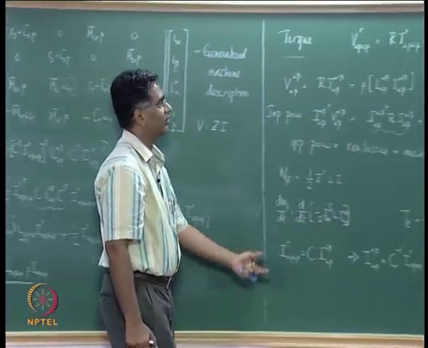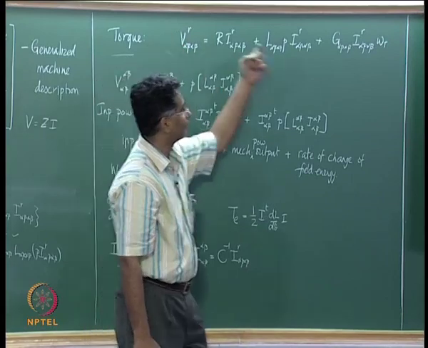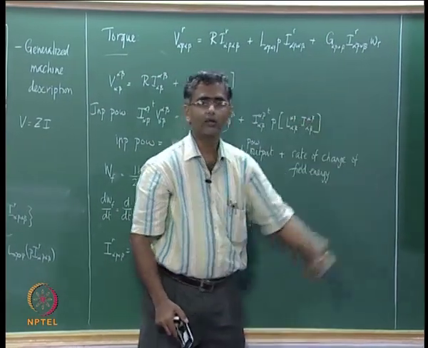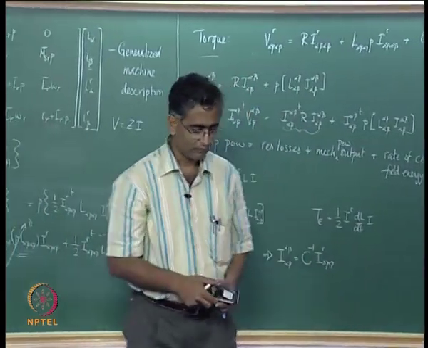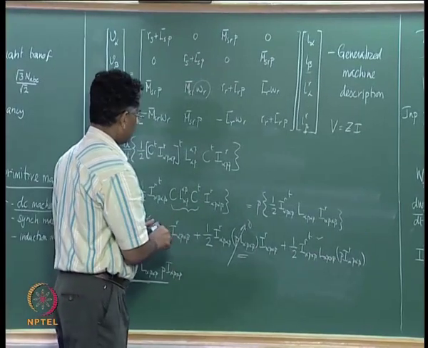That indeed would be your second term if you multiply by I transpose, and therefore I transpose G into I into omega r gives you the mechanical output.